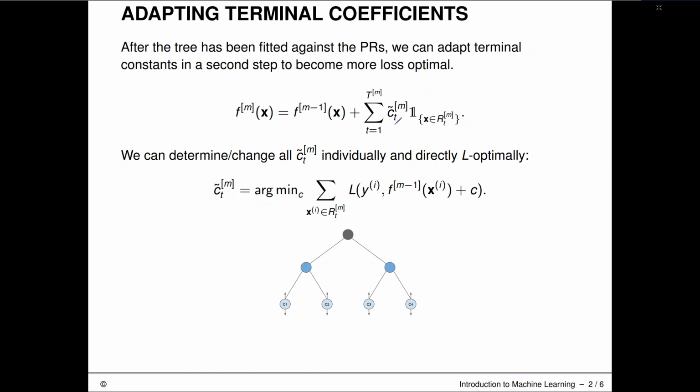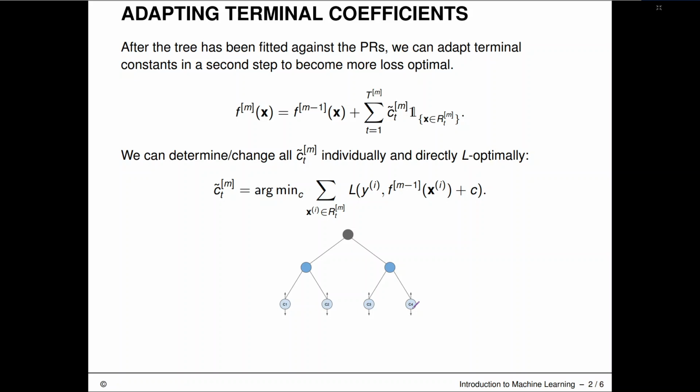What we can do is that after the tree has been fitted in an individual boosting iteration against the vector of pseudo-residuals, we can keep only the tree structure but change the height of these terminal regions in a loss optimal manner.